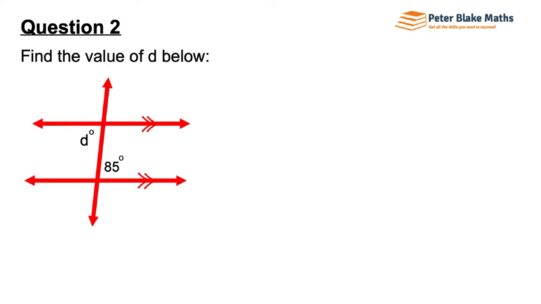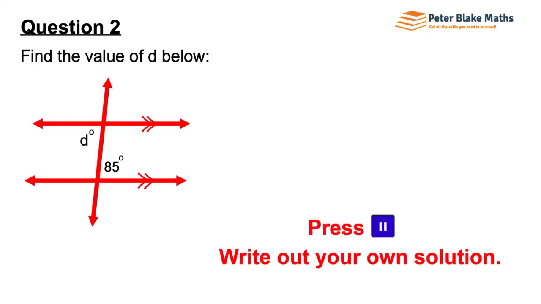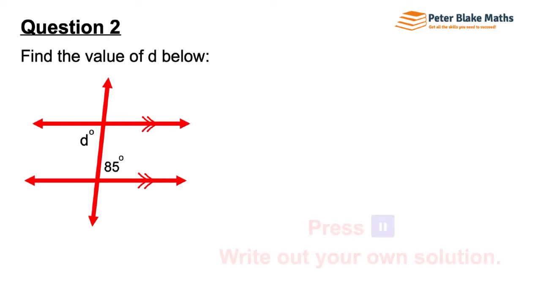Question 2. Find the value of d below. The d and the 85 here are in what we would call alternate positions.